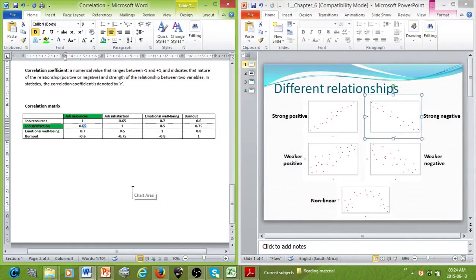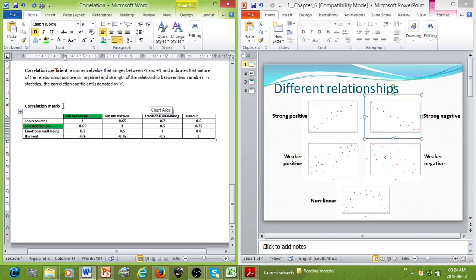So now we go on to the correlation matrix. What the correlation matrix does is it tabulates the correlation coefficients that exist between all of the variables that are involved in our study. As another example, this study concerned job resources, job satisfaction, emotional well-being, and burnout.